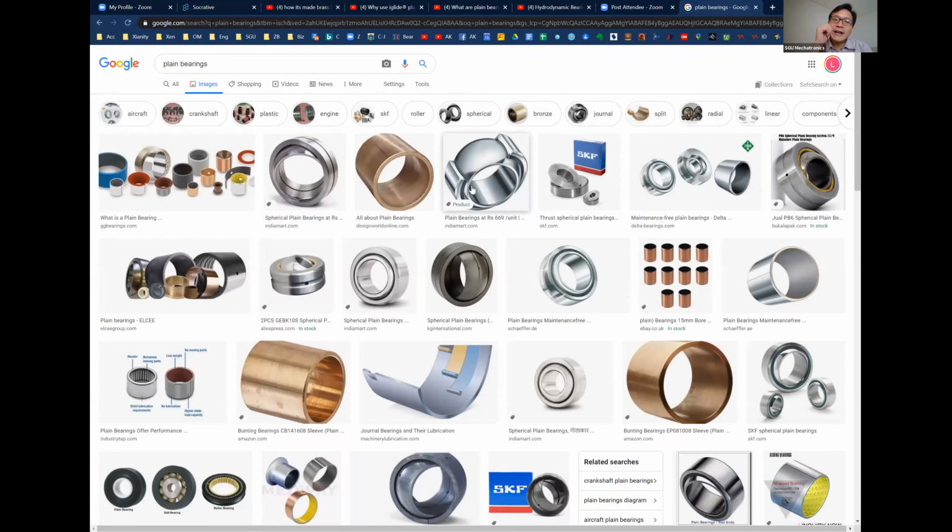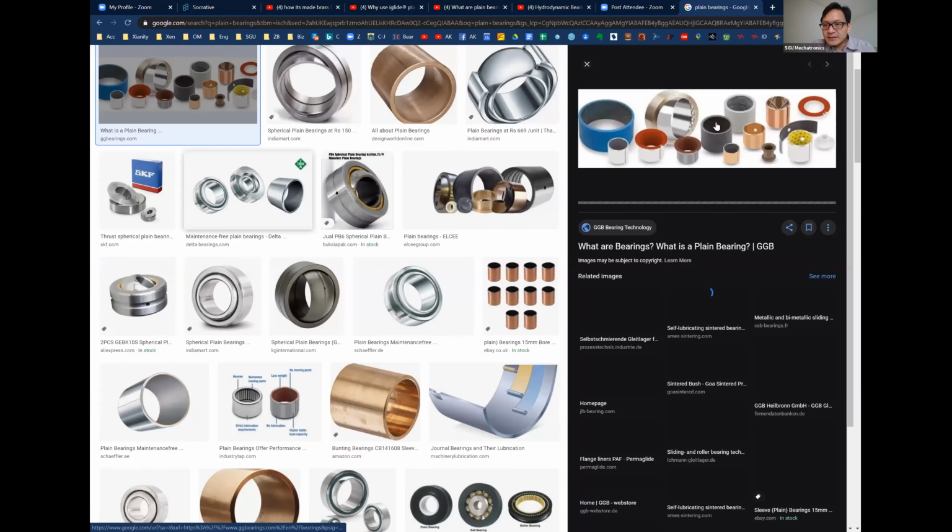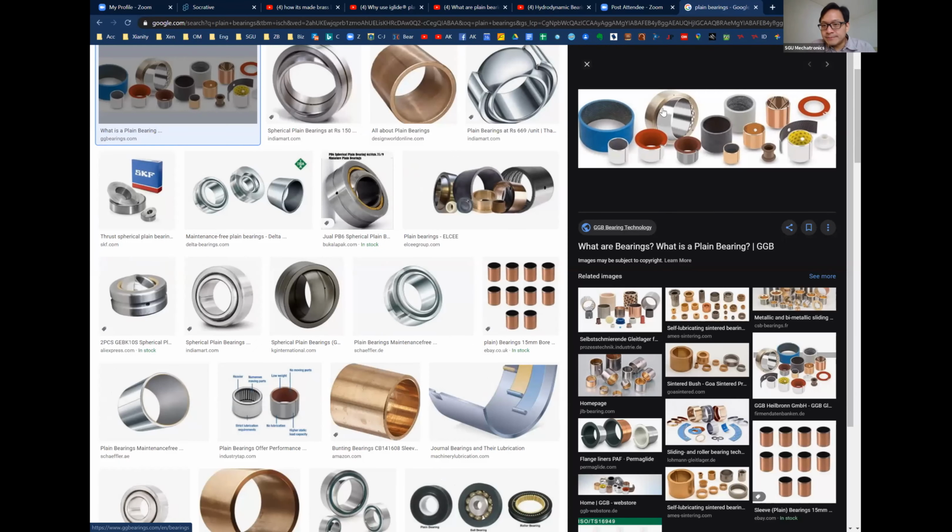But they do not have lubricant as a flowing liquid. These things are kind of dry, actually. Whether it's plastic or bronze, they are dry.